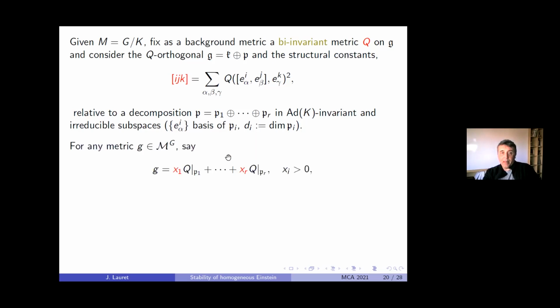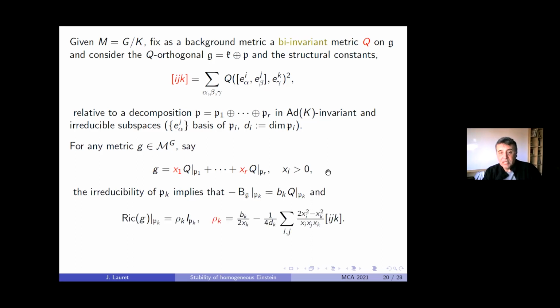And then this decomposition P1 plus PR, if you decompose P into irreducible subspaces for the adjoint representation, then this will be an Ad K invariant inner product for any positive numbers you take, x1, xr, okay? So the choice of these R positive numbers gives you a G invariant metric.